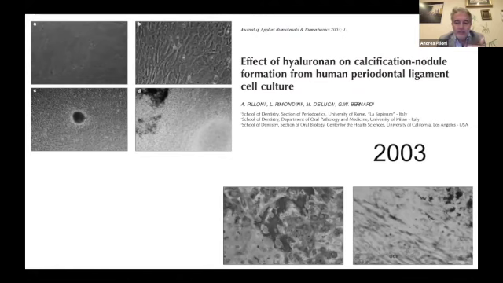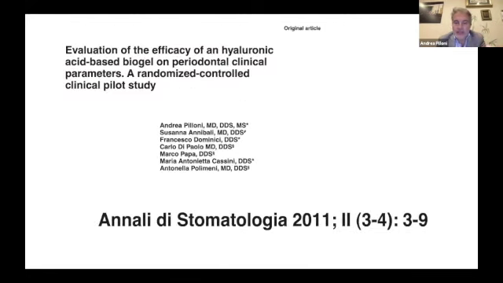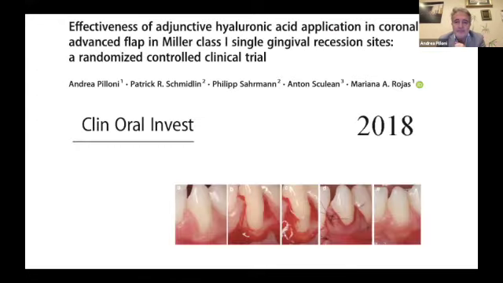So little by little, we were moving, as a translational movement, from the laboratory to clinical practice. And this is why in 2011, a first randomized controlled clinical pilot study looked at the efficacy of HA on periodontal clinical parameters.